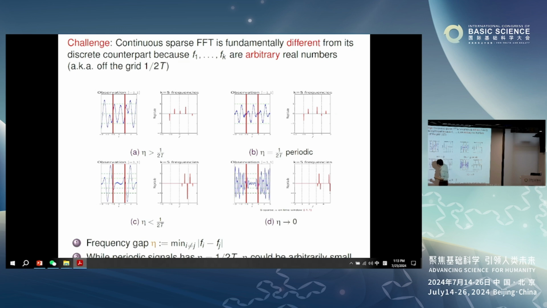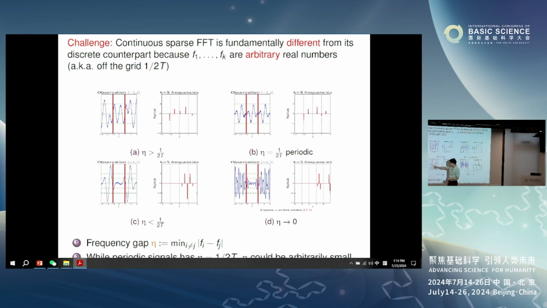contains lots of information. But things become weird when the frequency gap gets smaller, when my frequencies get closer and closer to each other. So this is an example. The frequency gap is below half, meaning for example there are 3 frequencies in this interval of -1.